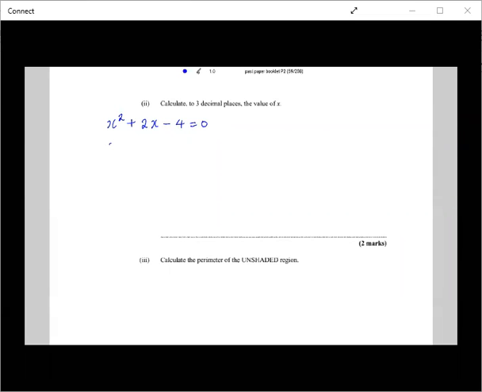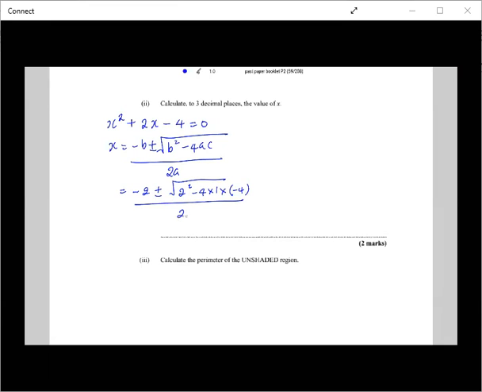The quadratic formula says x is equal to minus b plus or minus the square root of b squared minus 4ac, all over 2a. This is minus 2. A is 1, B is 2, and C is minus 4, plus or minus the square root of 2 squared minus 4 times 1 times minus 4, all over 2 times 1.